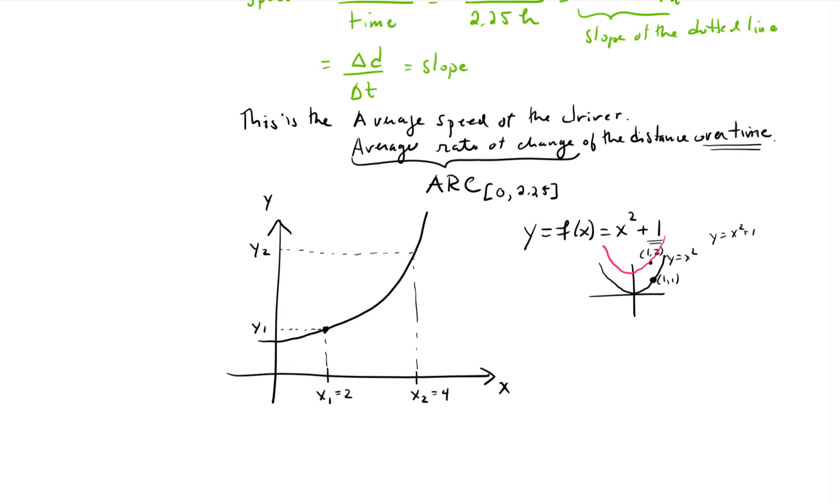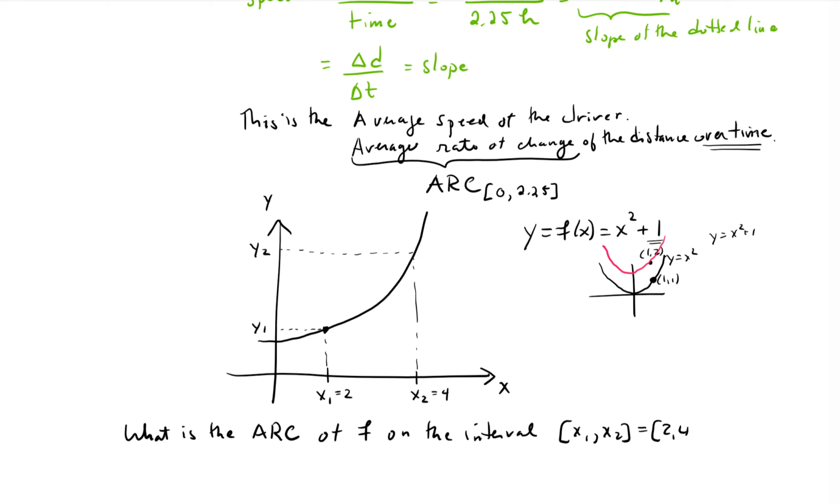And what we'd like to know is, what is the average rate of change of the function f on the interval x1, x2, which is in this case 2, 4.